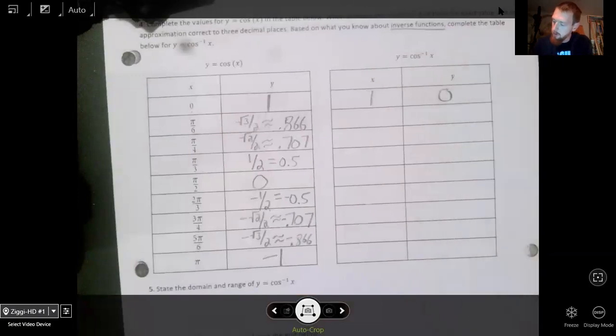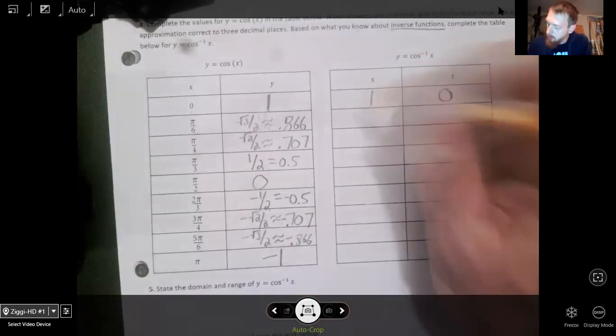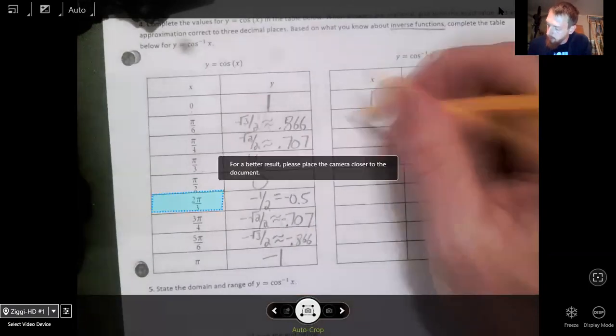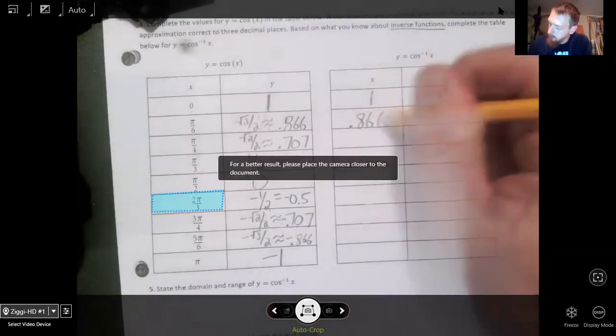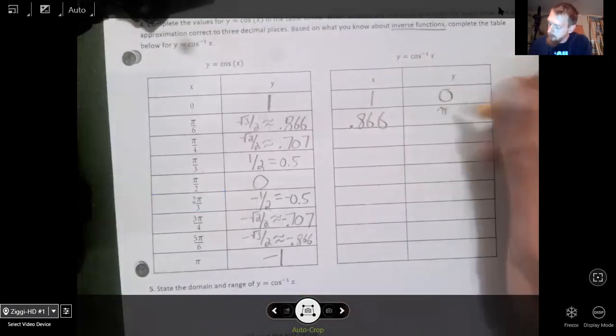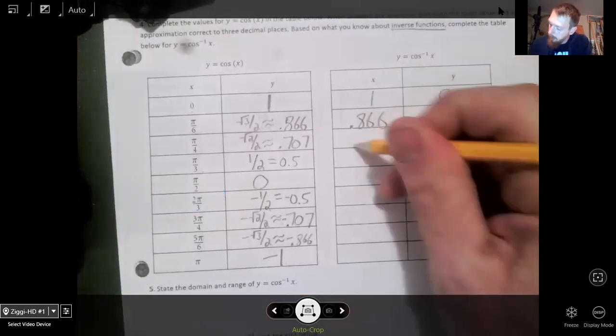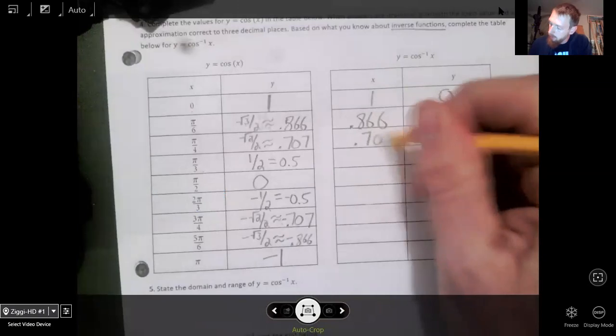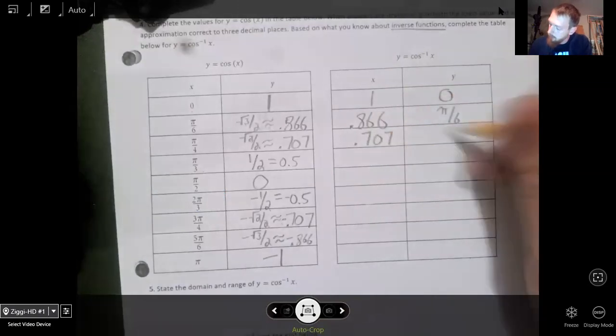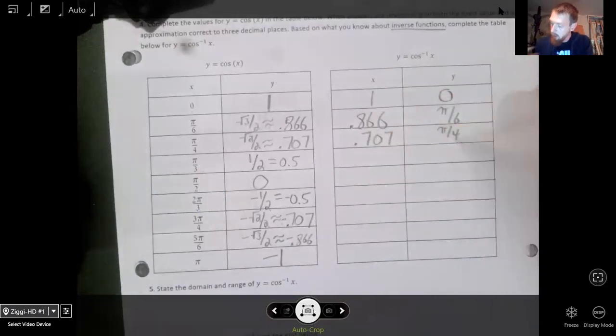0, 1 goes to 1, 0. π/6, √3/2 goes to √3/2, that's 0.866, π/6. π/4, 0.707 goes to 0.707, π/4. The cosine of π/3 is 1/2.